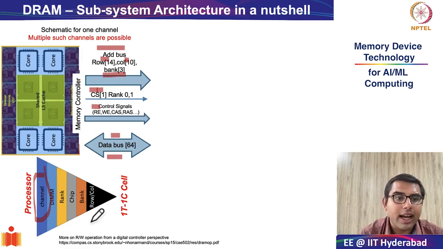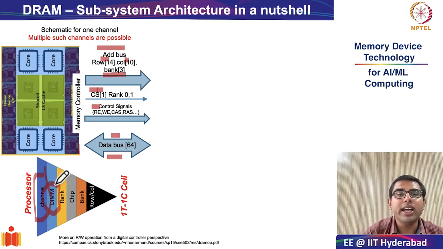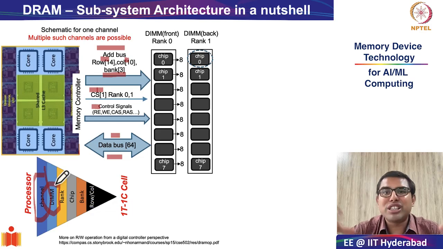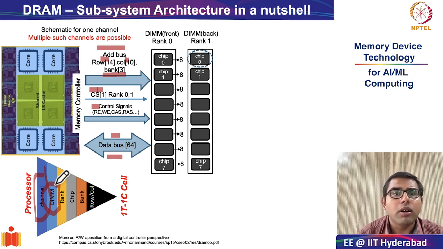And this brings us to the second important part of our hierarchy, which is the dual inline memory module. So remember, the dual inline memory module is that green color printed circuit board which we buy from Amazon or from some vendor, and we place it in the motherboard of our PC, our personal computer.